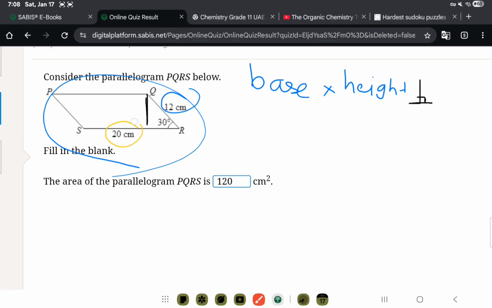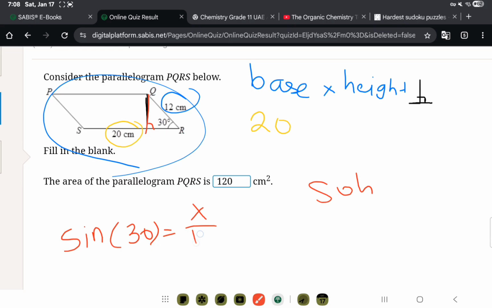So our base here is 20. Now, how do you find this? You took trigonometry. You want the opposite, but you have the hypotenuse, which is 12. So sine 30 is equal to opposite x over 12.